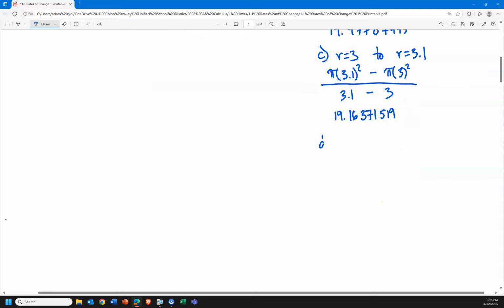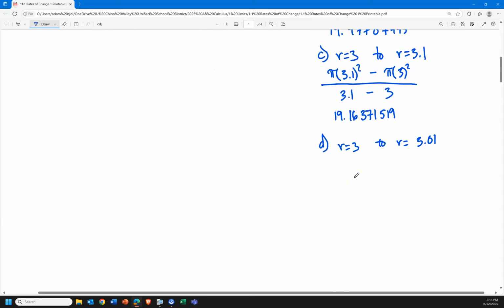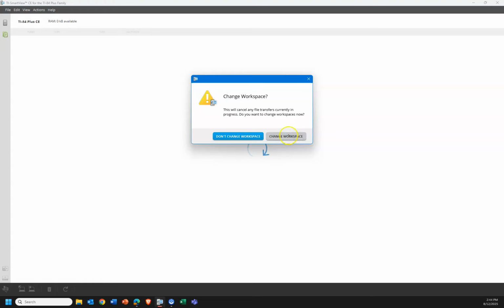And then I believe the last one is R equals 3 to R equals 3.01. Yep. Okay. Pi times 3.01 squared minus pi times 3 squared over 3.01 minus 3. And we'll just go up. Oh no! Don't change workspace.